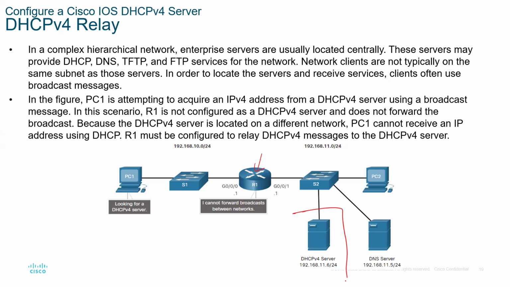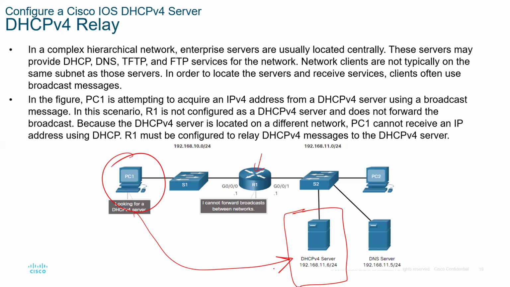So here we have our DHCP server. So for this PC here, for it to get an address, it will need to communicate with this server here. However, that server is not on the same network, different subnets.